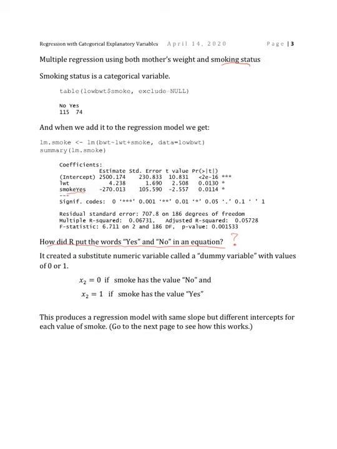So if you put a categorical variable in, R is going to say, well, I'm going to change that into a numeric variable. So it's going to take the, in this case, two categories. No is the baseline, and it's doing no first because these are in alphabetical order. So this is the baseline.